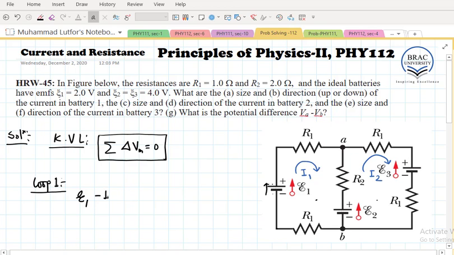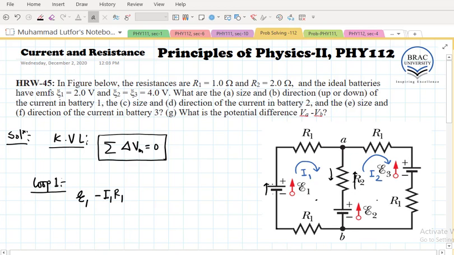Minus I1 times R1. I assume the voltage drop across the resistance would be negative, so that's why I write minus I1 R1. Now for R2, I have two currents. One current is in the downward direction, which is I1, and the other is in the upward direction, which is I2.